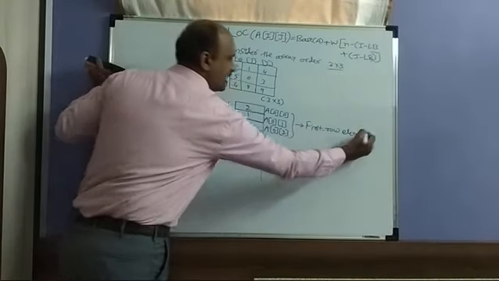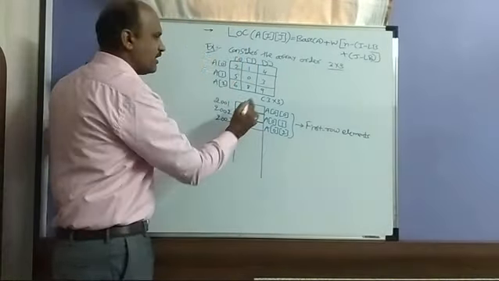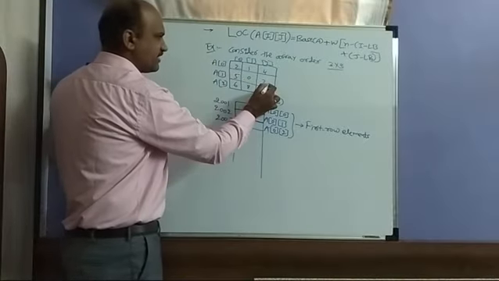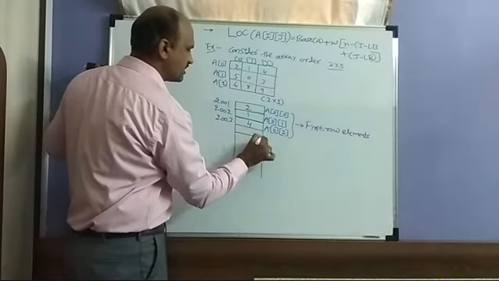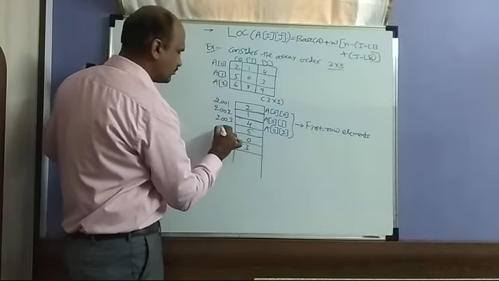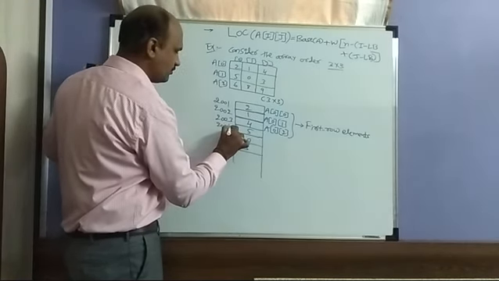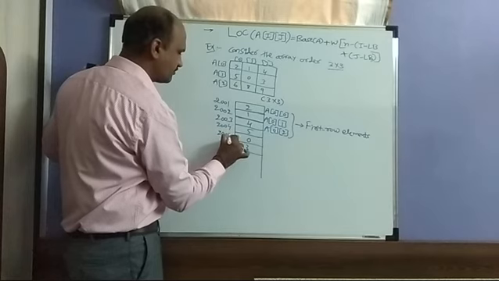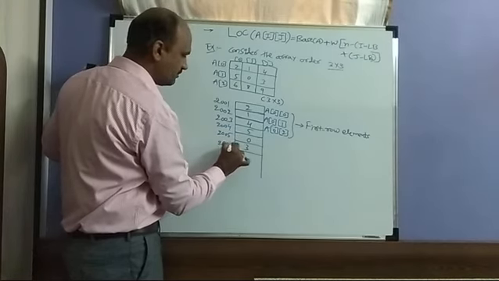First row elements. Next I will go for the second. So this is the second row. The elements present are 5, 0, 3. Having the address, you can take any address, we are just taking an example.